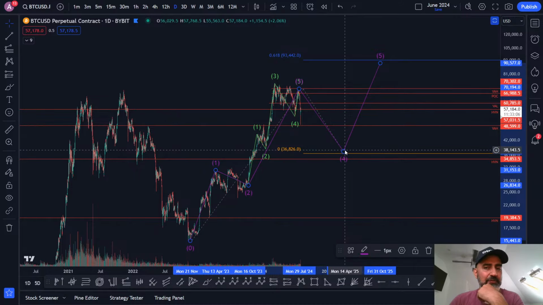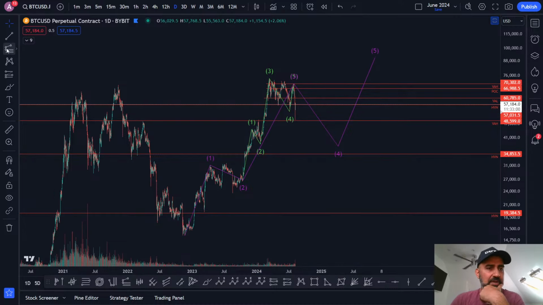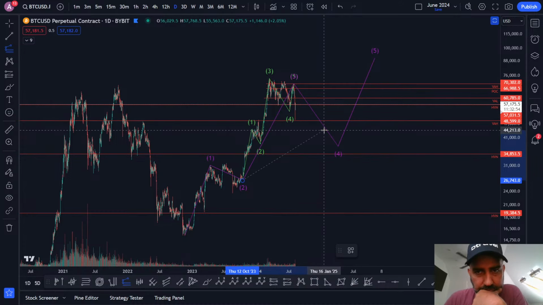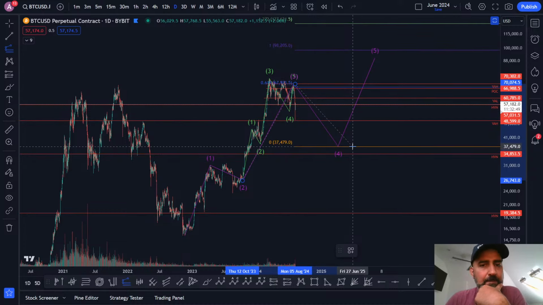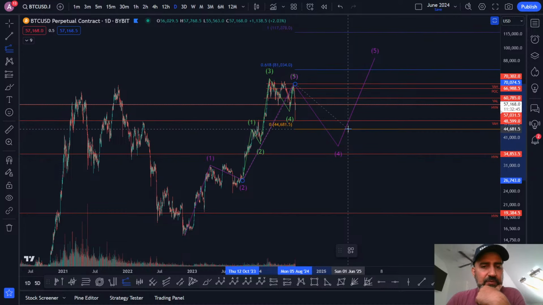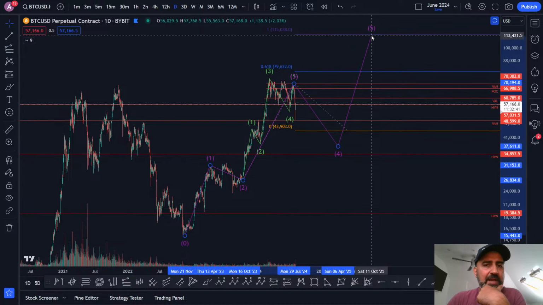Once you have that pivot 4 in place and the impulse begins, you can quite easily do a trend base fib, and initially it'll be from the 2 to the 3 to the 4. Wherever this lands, let's say it lands at 43 or 44, that will give you a 618 target and a 1-to-1 target.